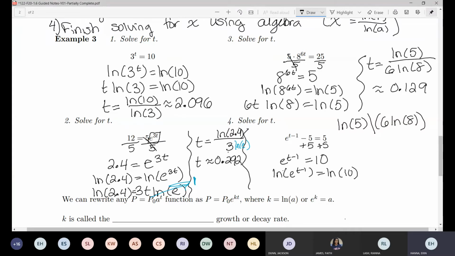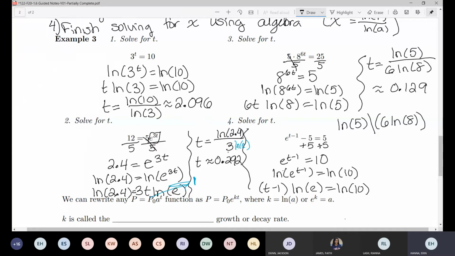Bring the entire power out. Now, since that has subtraction in it, put it in parentheses. In this case, it doesn't quite matter because the natural log of e is 1, so that kind of goes away. But if that was a natural log of anything else, you'd have to distribute it first.